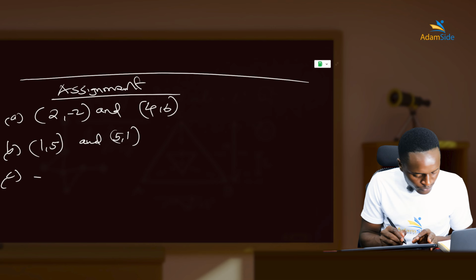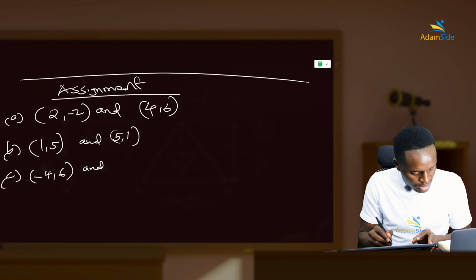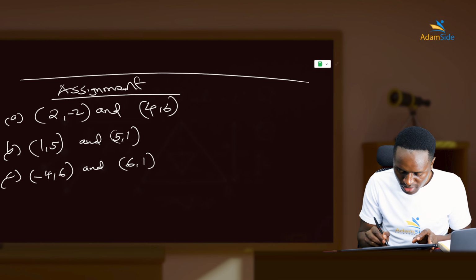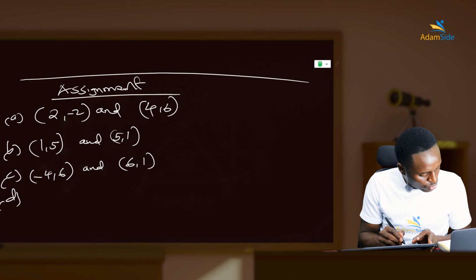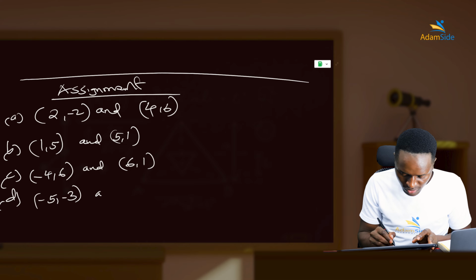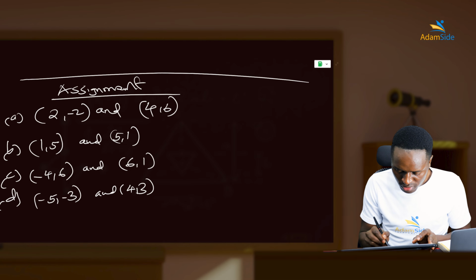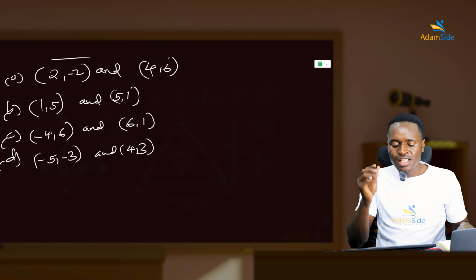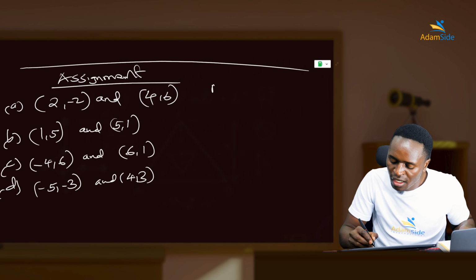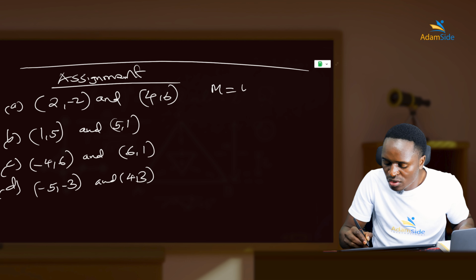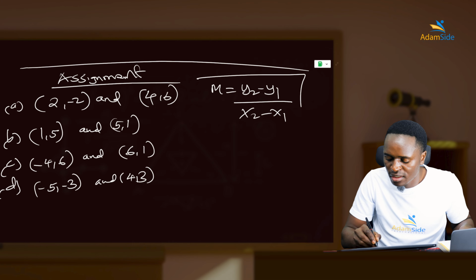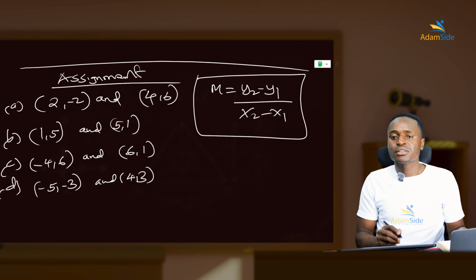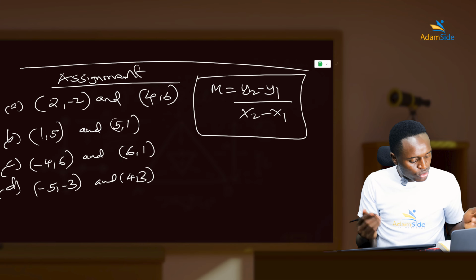C, do (-4, 6) and (6, 1). And then D, do (-5, -3) and (4, 3). Correct. This is how you can use the formula M is equal to y2 minus y1 over x2 minus x1 to find the gradient of a straight line. This is how you do it.